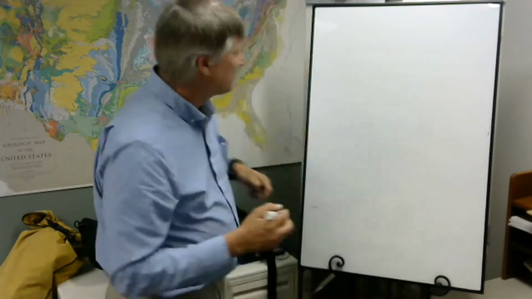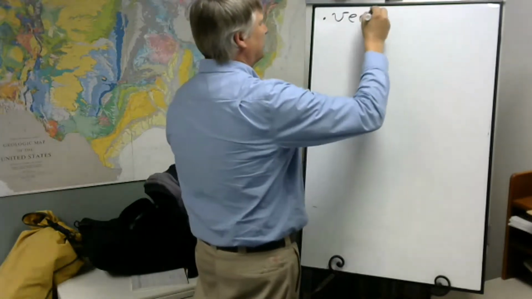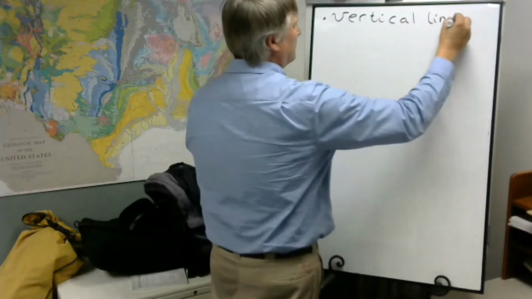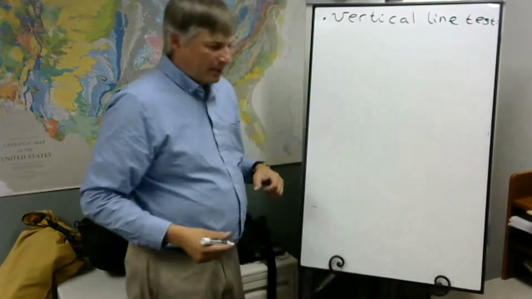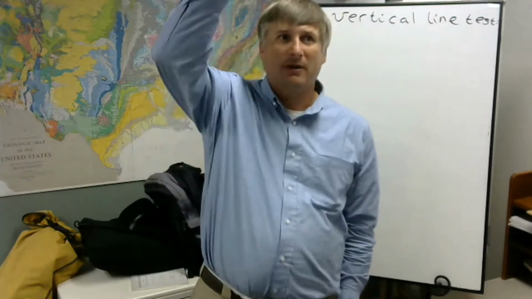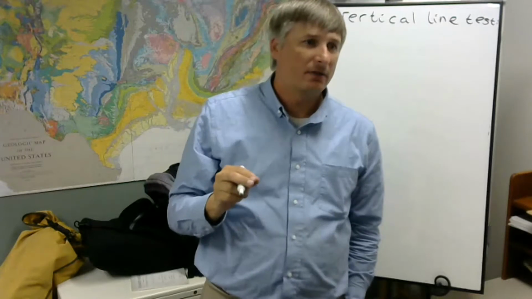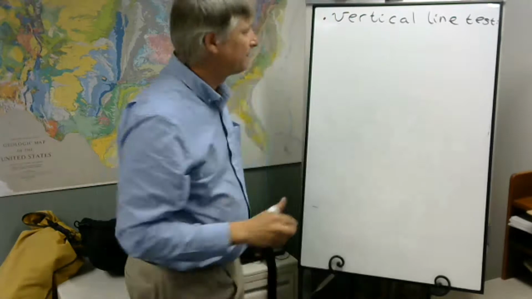So in other words, we're going to get to something called the vertical line test. And what this says is, if you have a graph of some mathematical relationship, and if you can find any place on that graph where you can draw a vertical line through the graph, and it intersects the graph more than once, then you don't have a function.